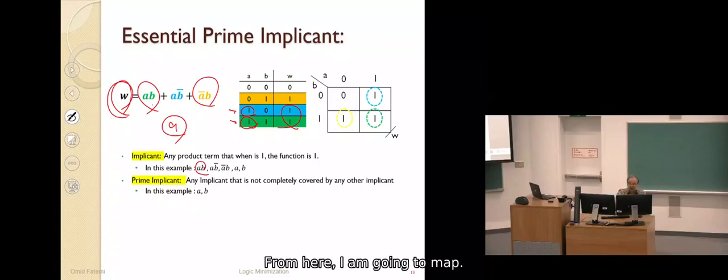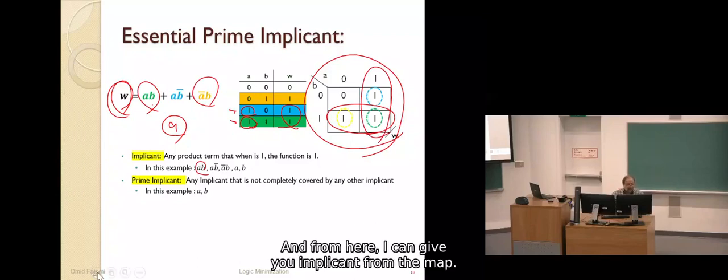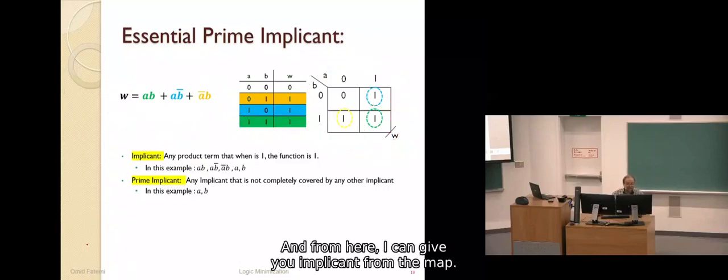From here, I am going to the map. Please pay attention. This is my map. Here I have 3 ones. Looking at this map, I can see that these 2 are adjacent. These 2 are adjacent. Okay, for the time being, just look at this. And from here, I can give you implicants from the map.